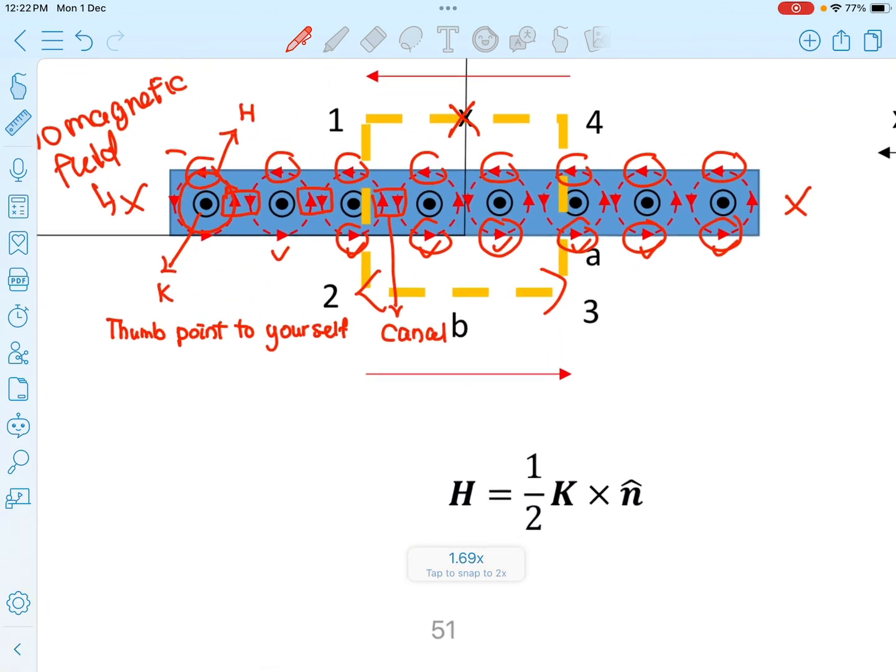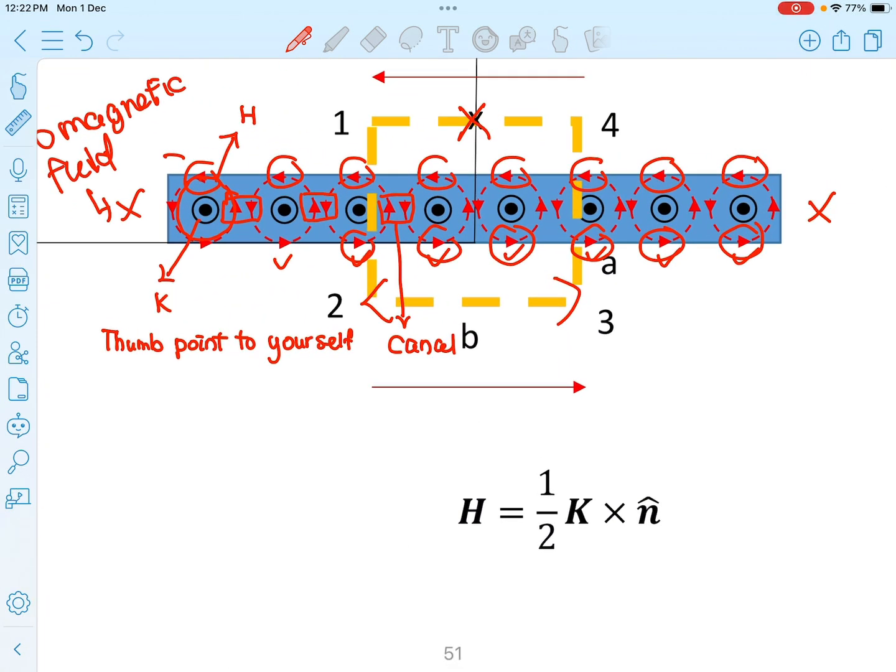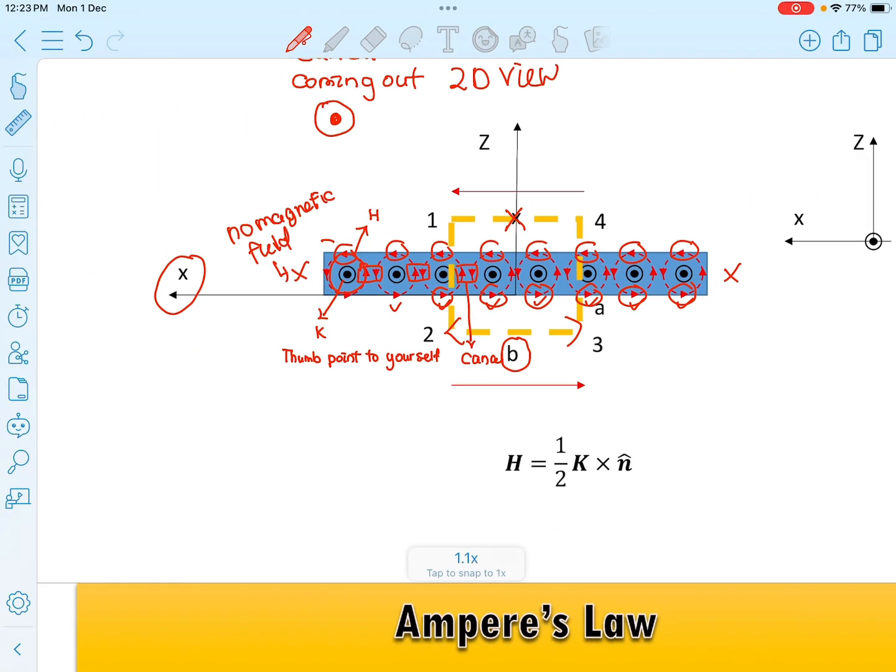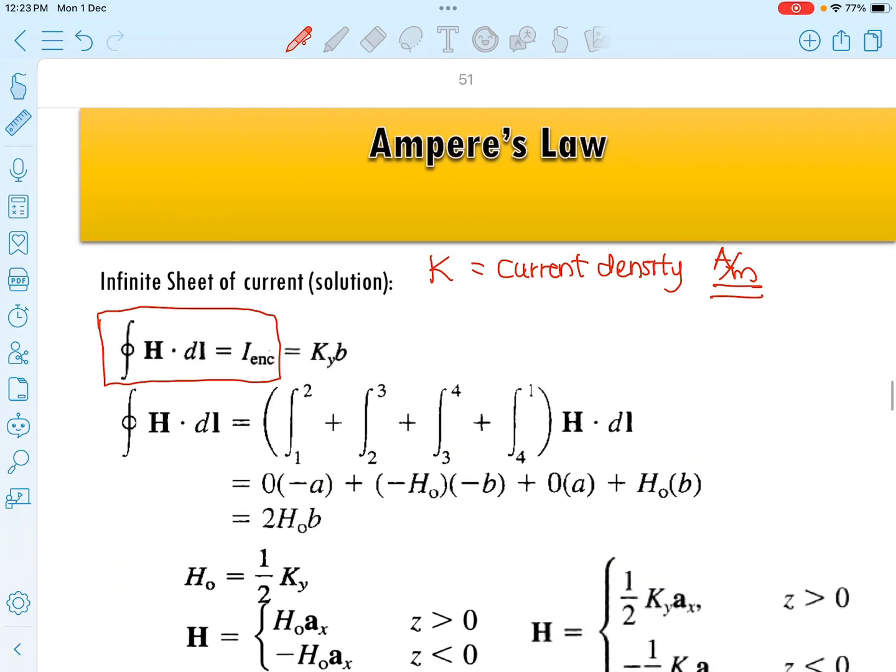I form the Amperian path, in orange color. If I want to know the total current coming out through this Amperian path, I multiply K with B, because B represents the length of this Amperian path. So I will multiply it with KB.